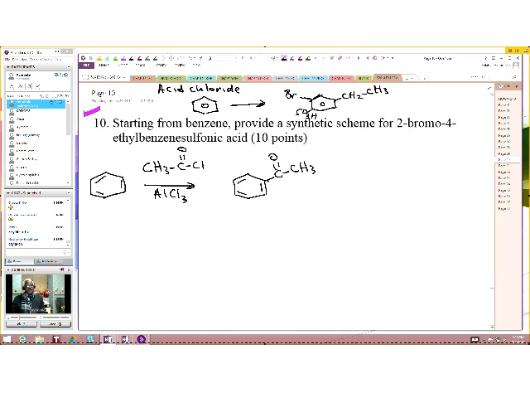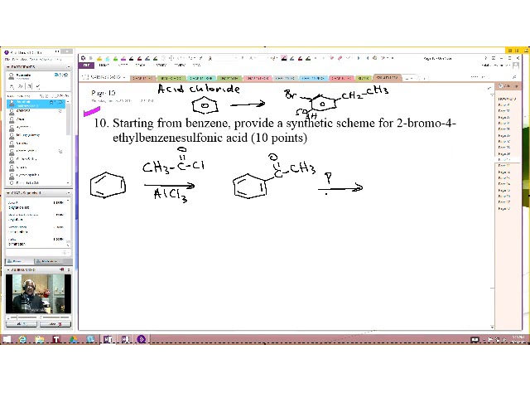Okay, so we now have this acyl group attached to benzene. Now, what do you want to do once you do that? This is good. Bromination, excellent. Now you want to do bromination, because at this point you know that this group is a meta director. So the choice of sequence is most important in this particular problem.